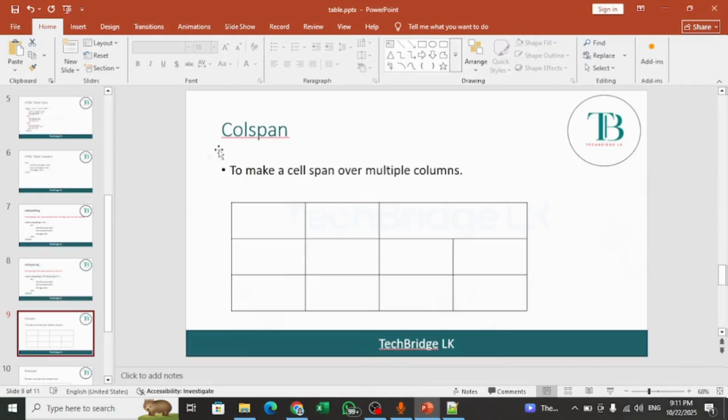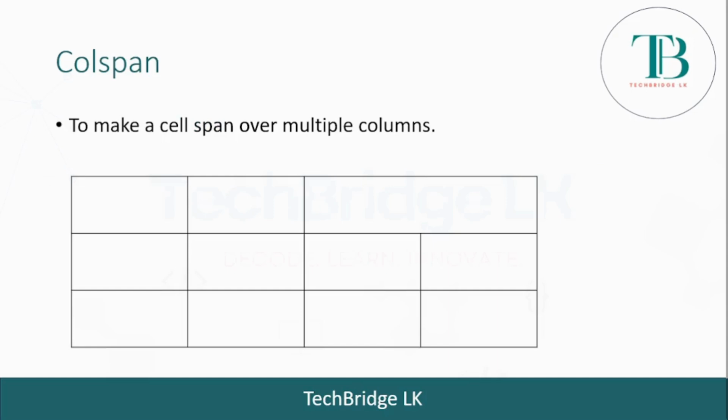Right. So the next topic is about colspan and rowspan. The colspan means to make a cell span over multiple columns. If you consider this table, the first, second and third cells of the first row are merged with the fourth cell.